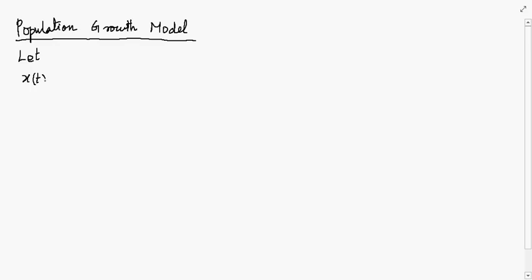Population growth models. Let x of t be the population size at time t.